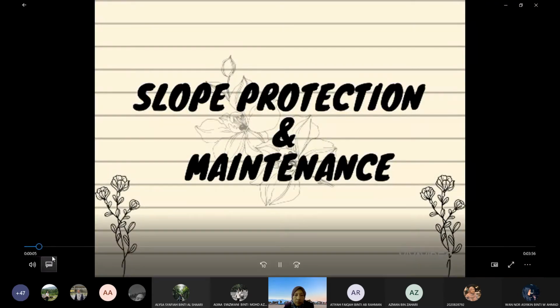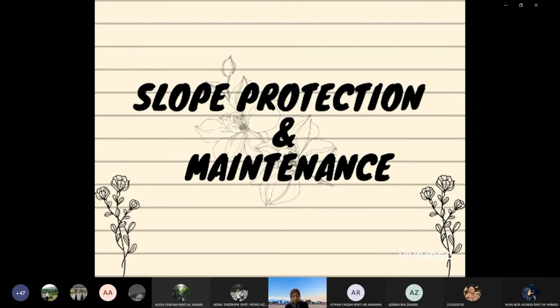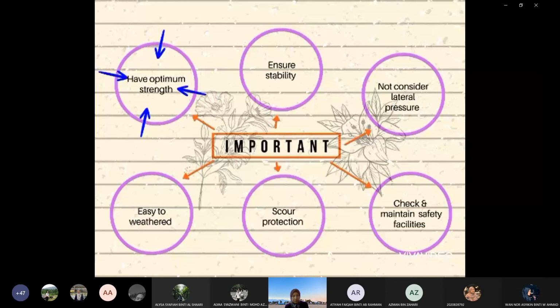And today I would like to share. Hi and Assalamualaikum. My name is Mashita and today I would like to share about slope protection and maintenance based on my understanding. The importance of slope protection and maintenance are: the slope protection and reinforcement need to have an optimum strength during construction to ensure engineering quality and rate of process.